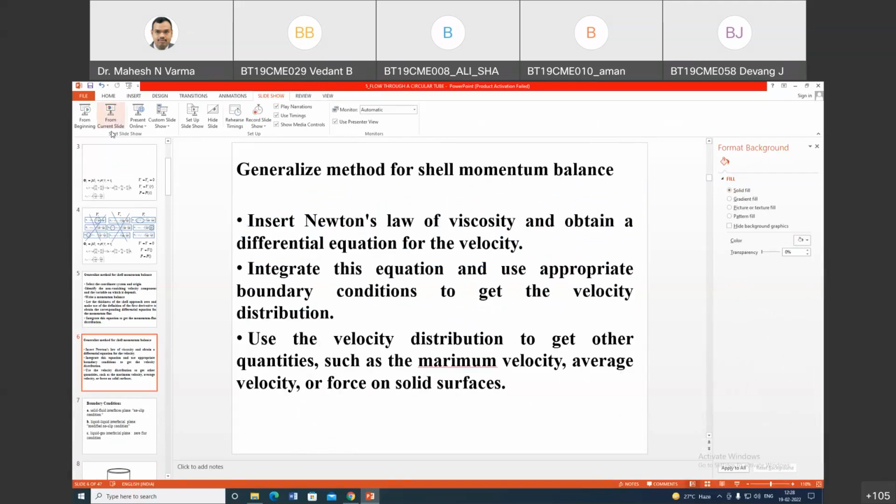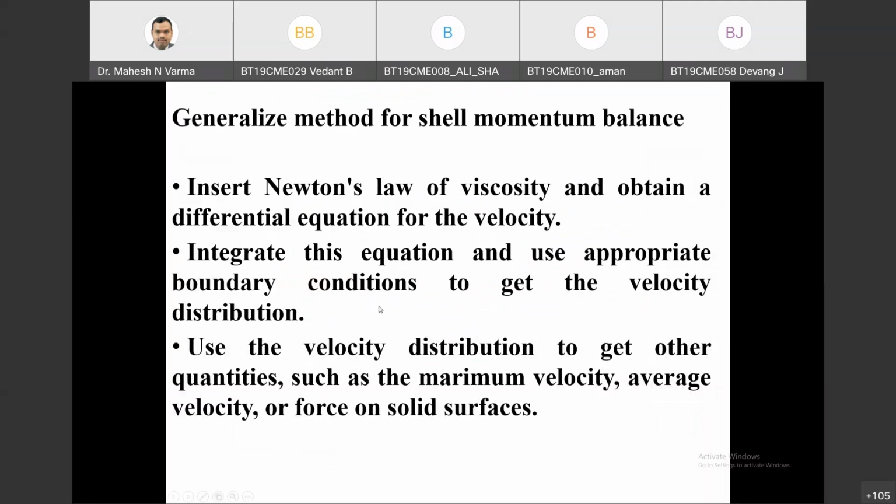How many boundary conditions are needed to solve this problem? Three boundary conditions would be needed. Why three?